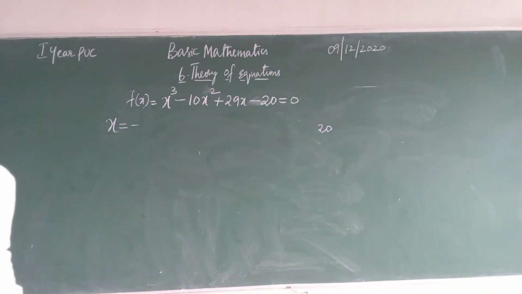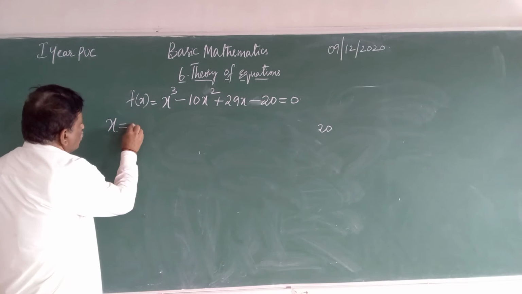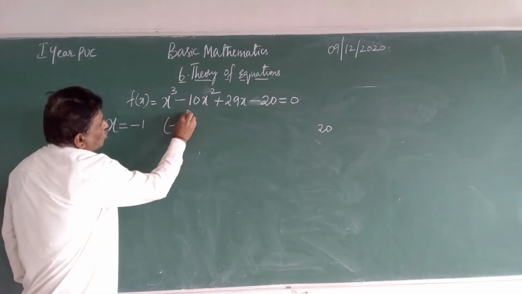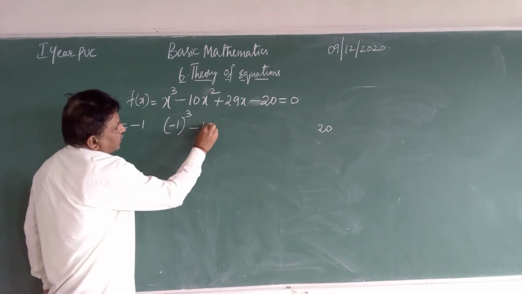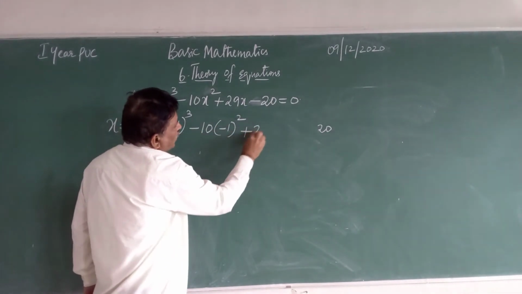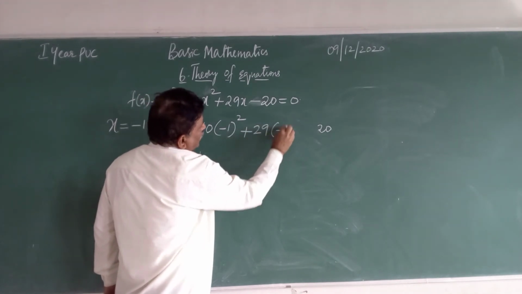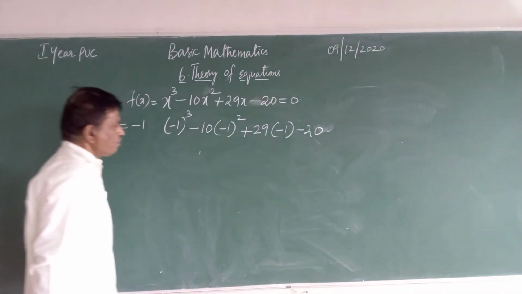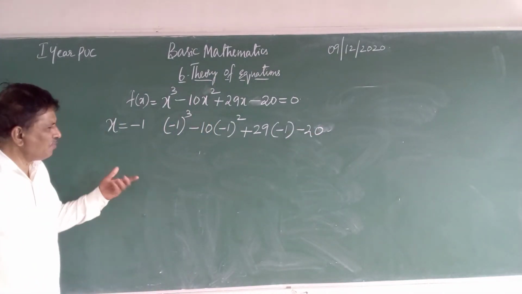Yes, I will take 1. X equal to -1 I will take. So (-1) whole cube minus 10 (-1) whole square plus 29(-1) minus 20. I hope this also doesn't work, will try it.